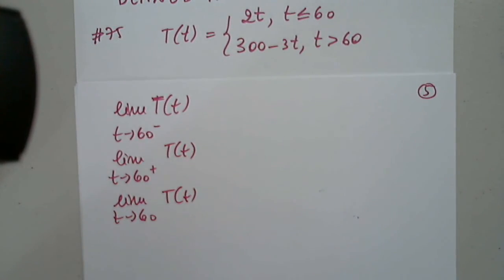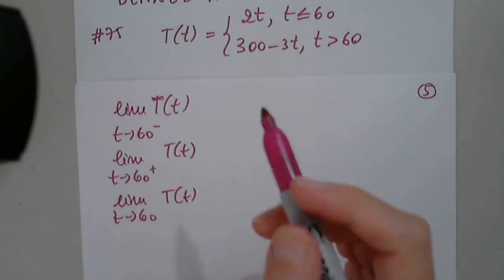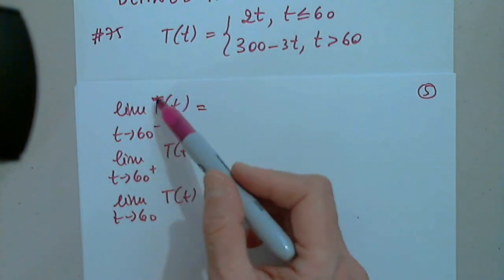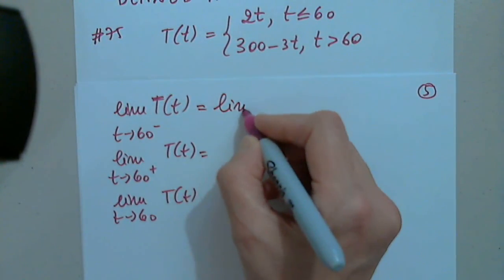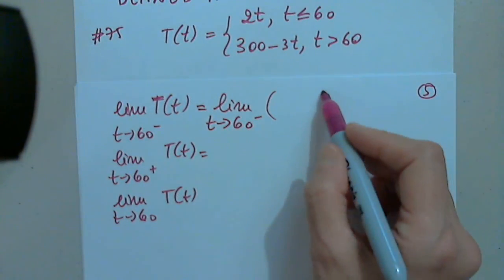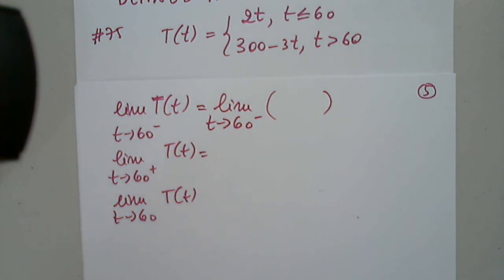Let me stop sharing now. Good. So all I have to do is determine this, but replace T of t with the correct branch. So which branch do I replace it by?